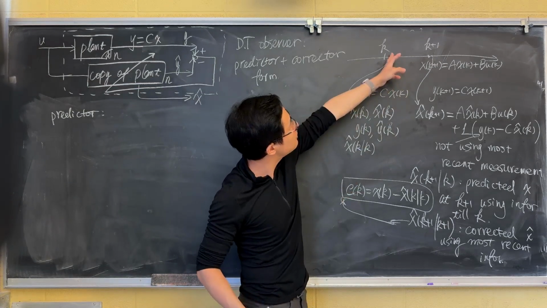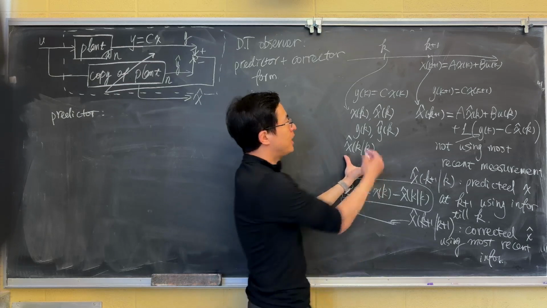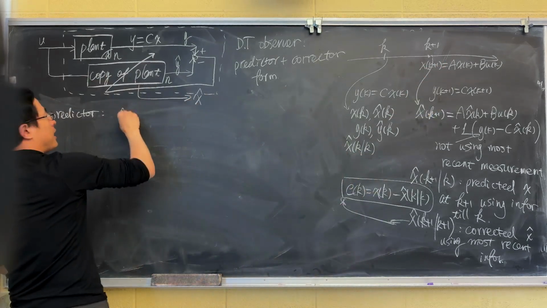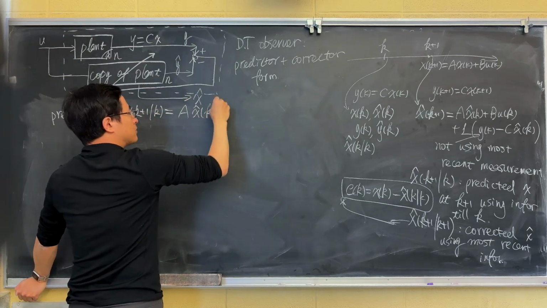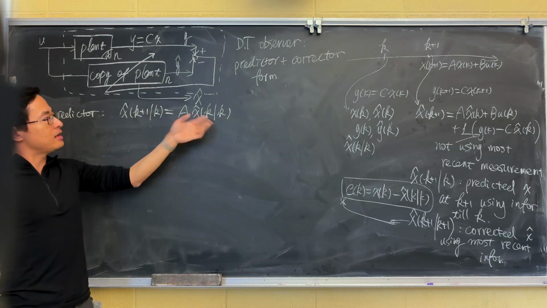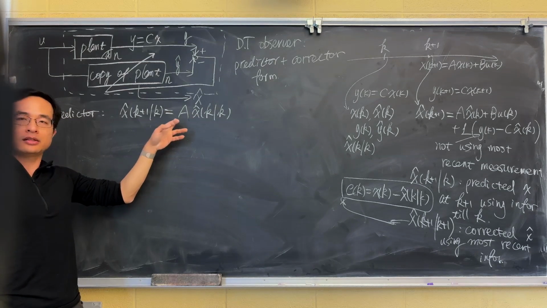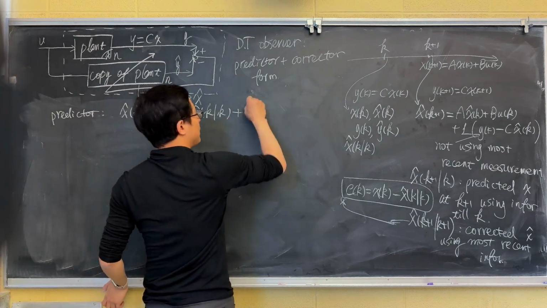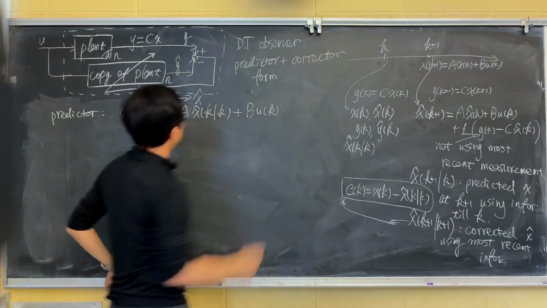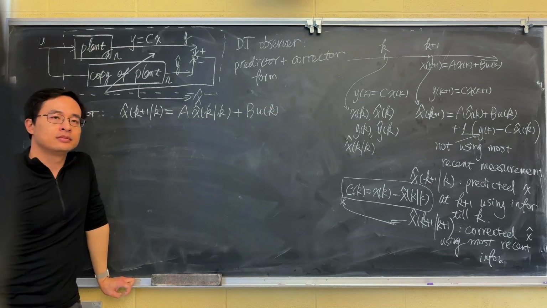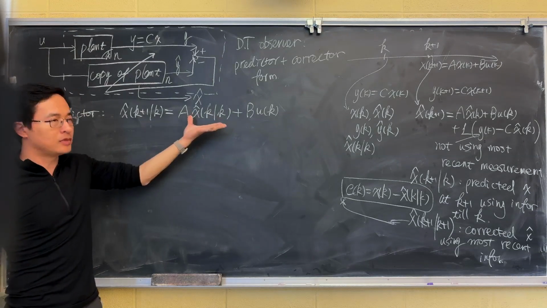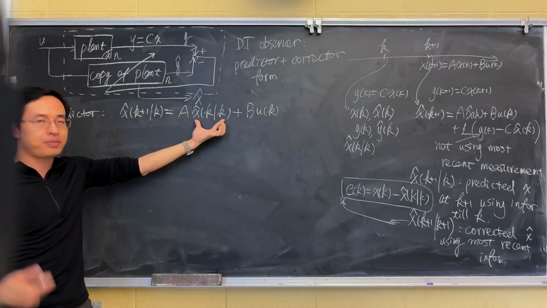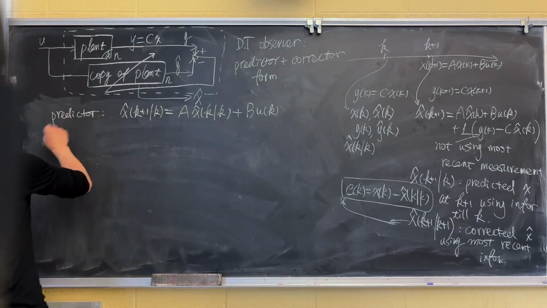I've used all the information up to here, and then I'm moving one step further. So I want to design my predictor as, this is what I have the best, and then I'm going to feed it through the system dynamics, A times x hat k slash k plus B uk. So this is the predictor. This is just a prediction.